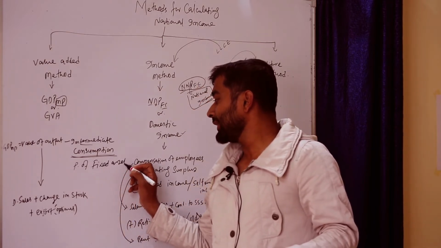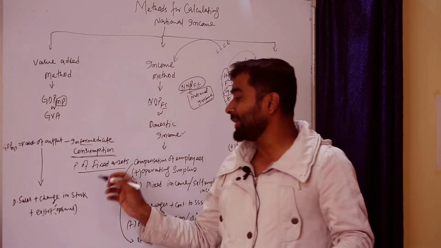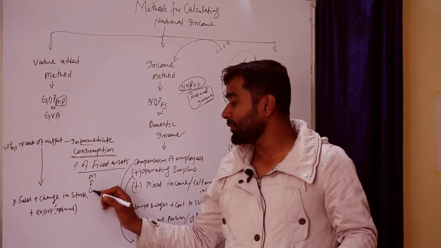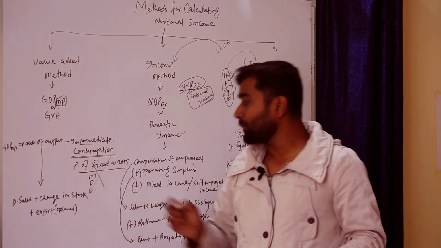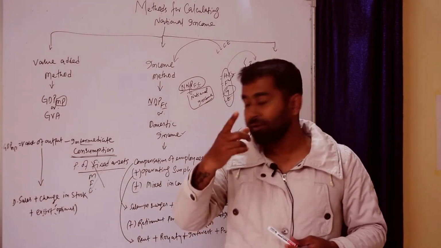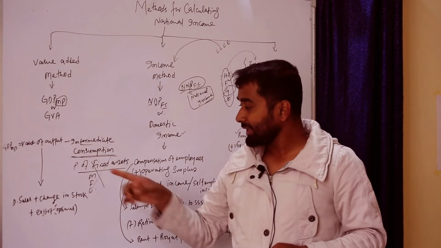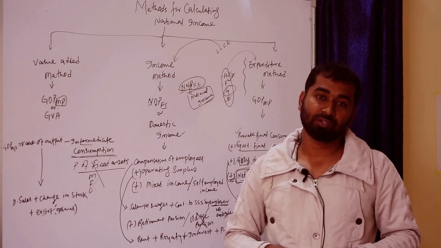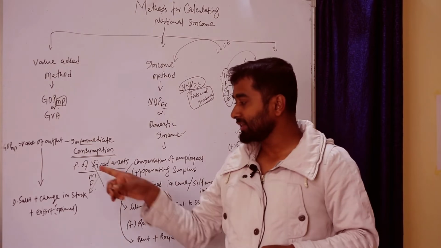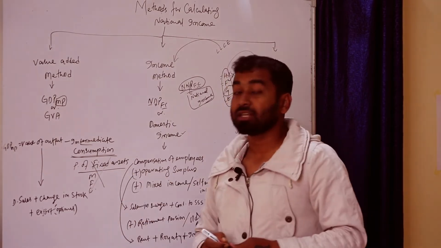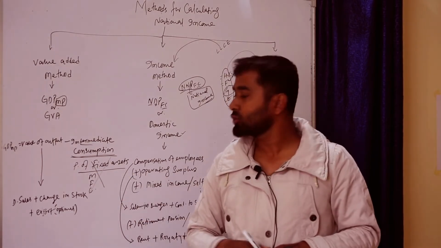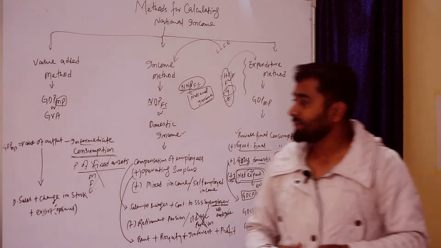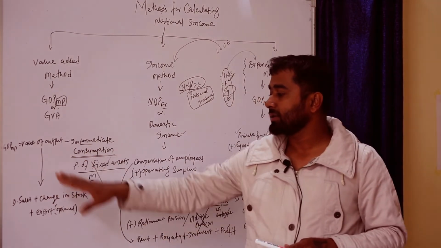Any fixed assets may arise here, for example machinery, furniture, any computer, these will not be part of intermediate consumption even though purchased, because they are not used as intermediate goods or for intermediate consumption. So that part will not be included. But purchase of electricity is also part of intermediate consumption.